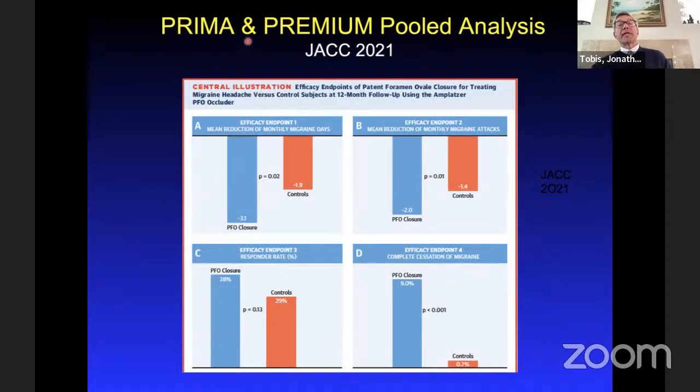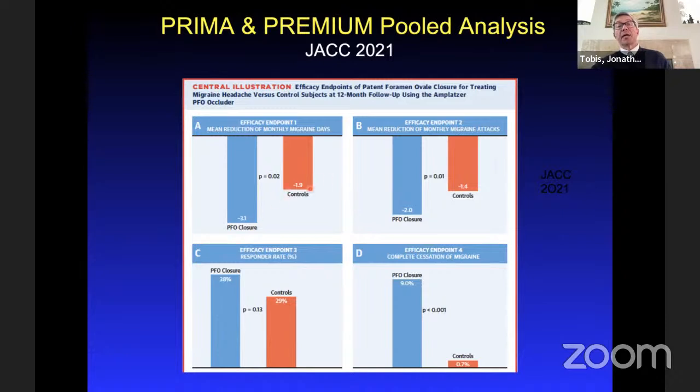We then pooled our data from PREMIUM with the PRIMA study in Europe and showed that those people who had their PFO closed had a greater reduction in migraine days, migraine attacks, and complete cessation of migraines, 9% in the PFO closure group, but not in the responder rate, which was the criteria that the FDA required. But this meta-analysis was positive that PFO closure reduces migraine.